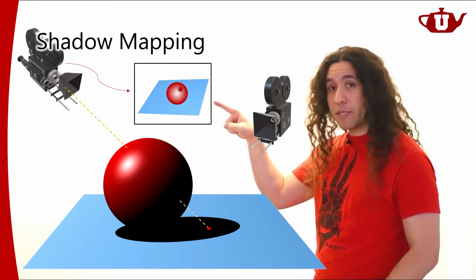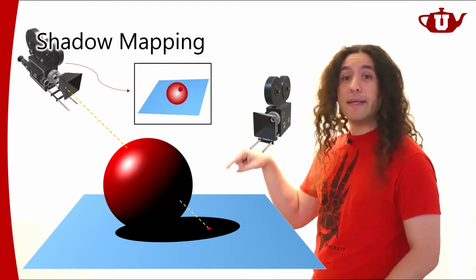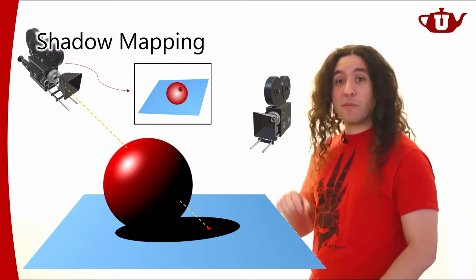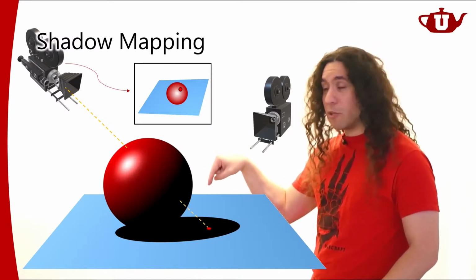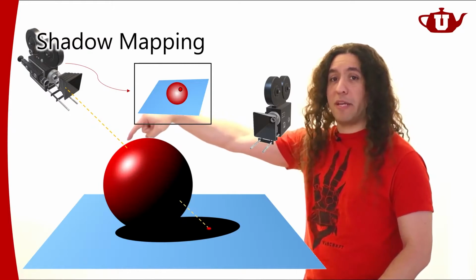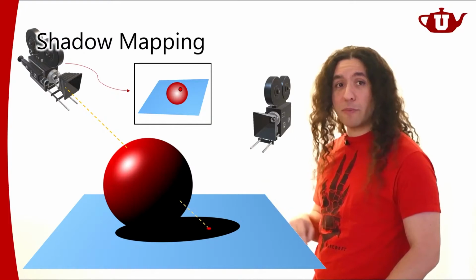As you can see, that point is on the ball, it's not on the plane. So obviously this point is not visible to the light source, but that point is visible to the light source, right? So that means this point is supposed to be in shadow.